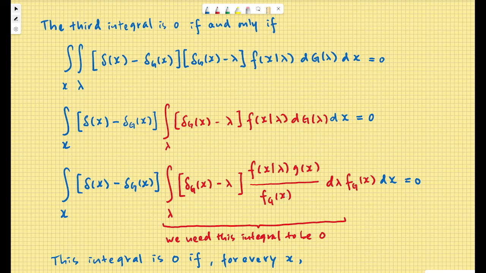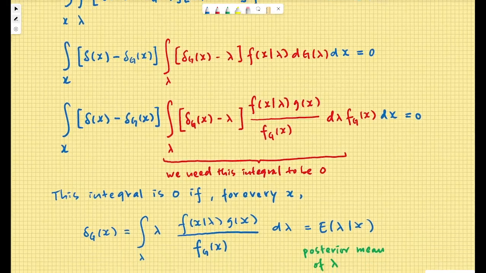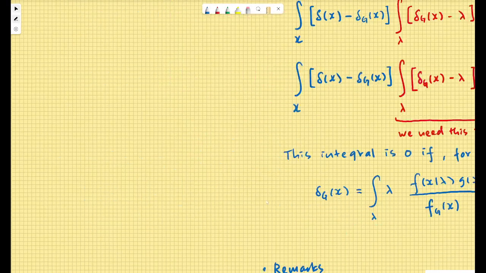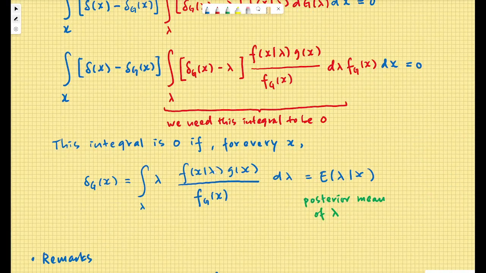If you remember, in the first proof, it is exactly the first order condition that we have in the first proof. And this condition will imply that the delta G for any given value of x will be equal to the expected value of lambda conditional on x. That means the posterior mean of lambda. Okay, we get the same conclusion.